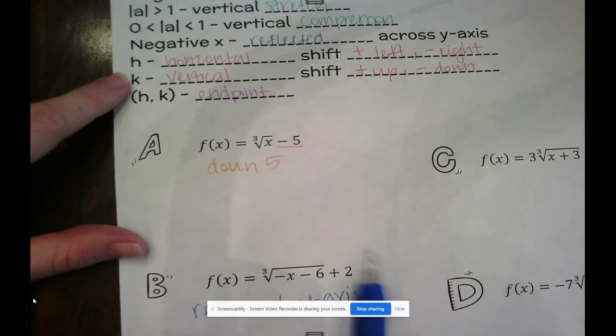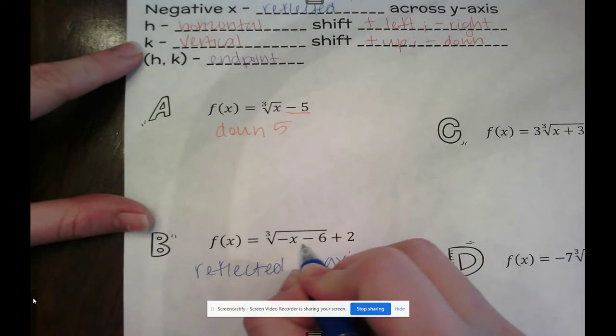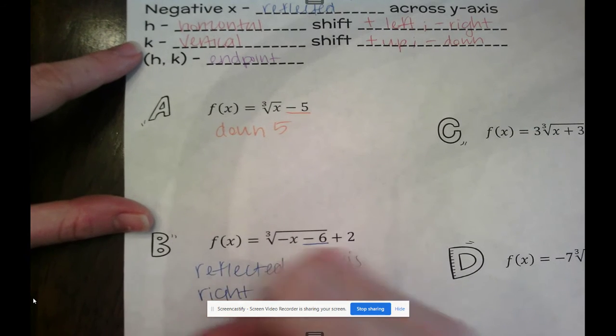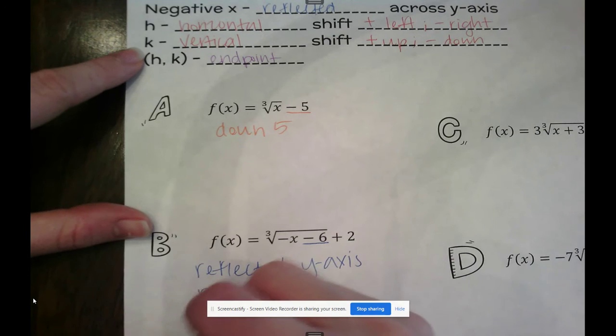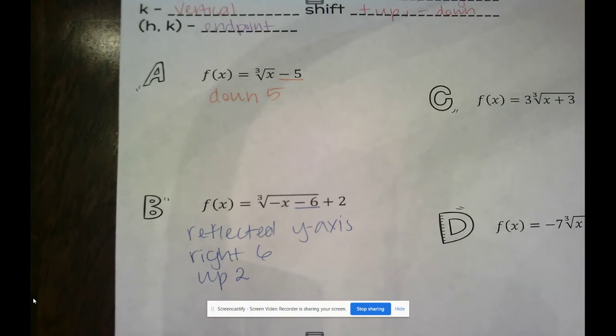Is there an h, a number inside? Yep. And it's negative 6. Remember, we're going opposite, so we're going to go to the right 6. Is there a k, a number outside? Yep. And we're going to go up 2. That's it. That's all there is to it.